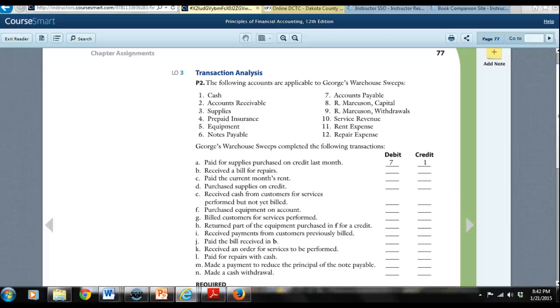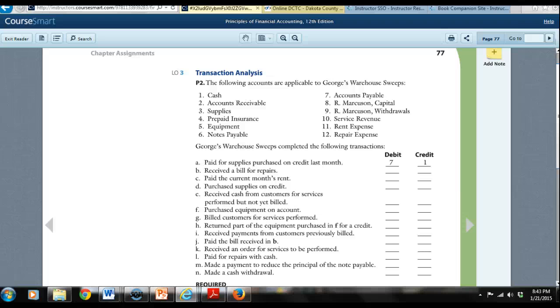Purchased supplies on credit. So let's just think about that. When we purchase supplies on credit, what's increasing? Supplies and accounts payable. Remember, a payable means we have to pay it back.